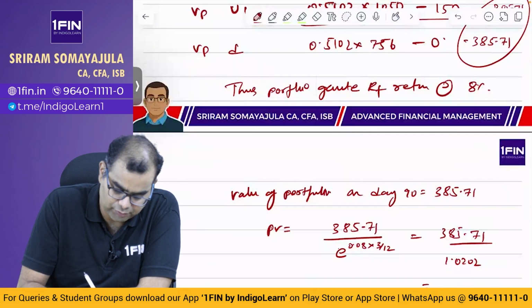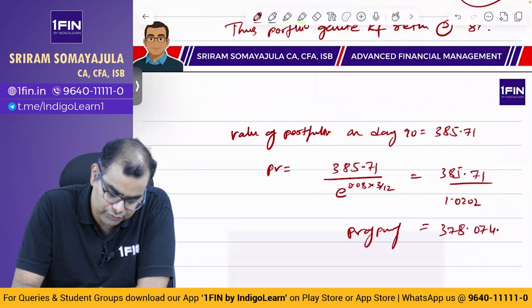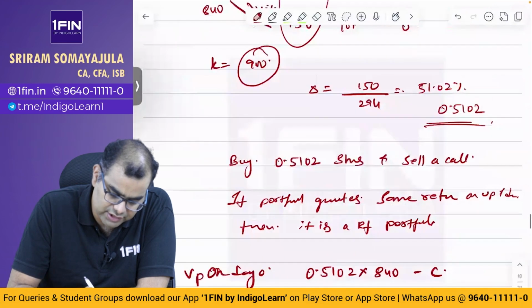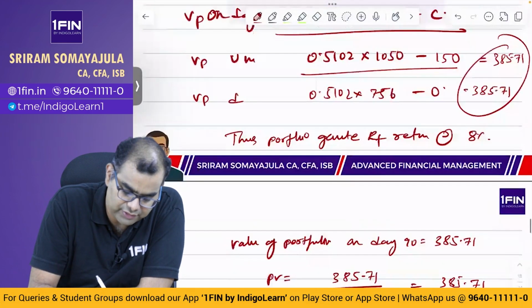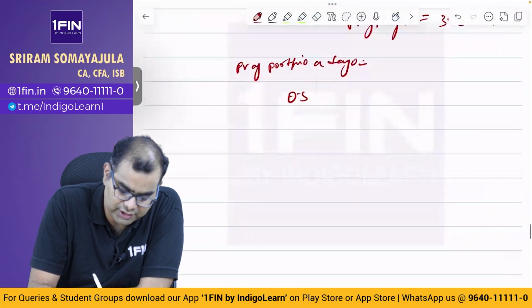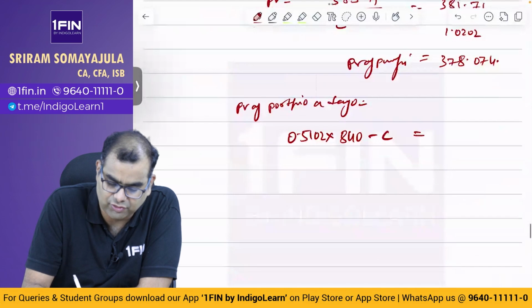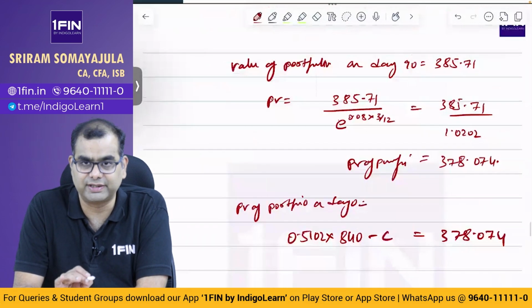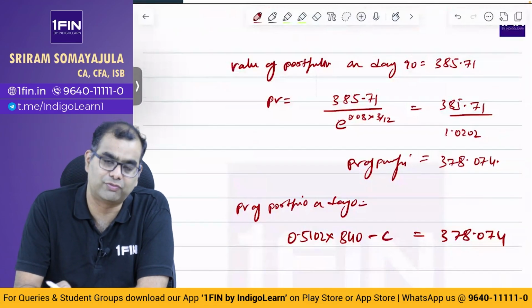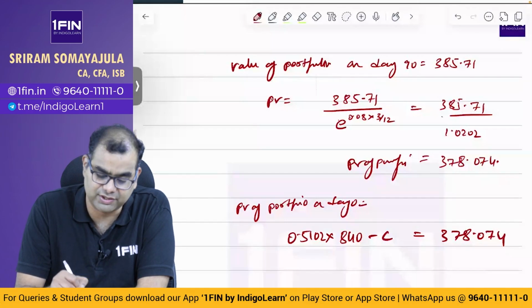And the present value of the portfolio on day 0 is equal to how much? Day 0, 0.5102 into 840 minus C. So 0.5102 into 840 minus C should be equivalent to 378.074. Why am I saying this? If there is a portfolio which, despite volatility, remains the same, then it's a risk-free portfolio, and a risk-free portfolio generates risk-free returns. So the future value is 385, and the present value considering the risk-free rate is 378.